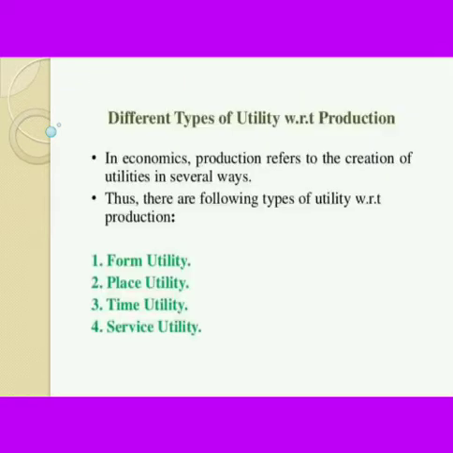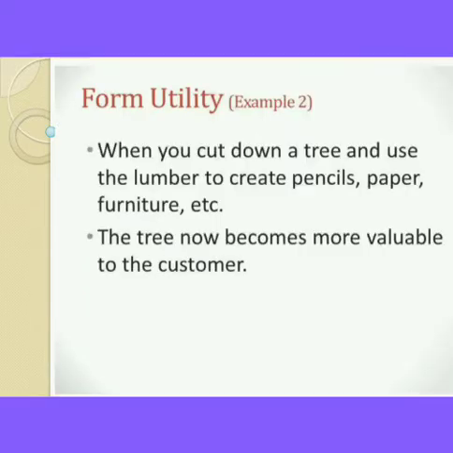So how can you create utility? There are basically four ways. There may be more, but we look at four different ways in which a producer can create utility. One of them is known as form utility.